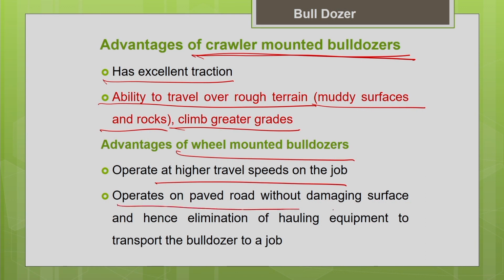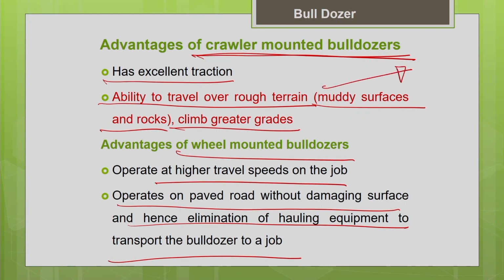It can be operated on paved road without damaging the surface. Hence, there is an elimination of hauling equipment to transport the bulldozer to the job site. So it can be used on the paved highways and it can be easily mobilized to the project site. But here you need a separate hauling equipment to carry this crawler mounted bulldozer to the project site, because this crawler track may damage your highway. It cannot be taken on the public highways.